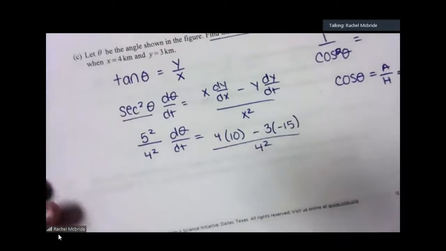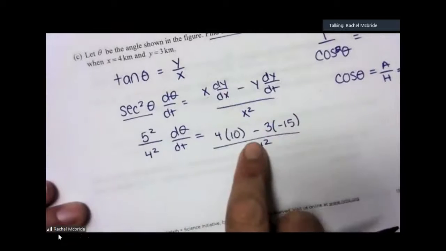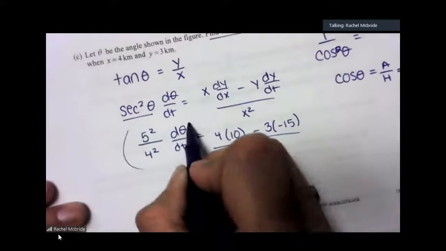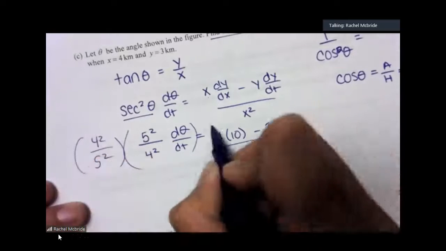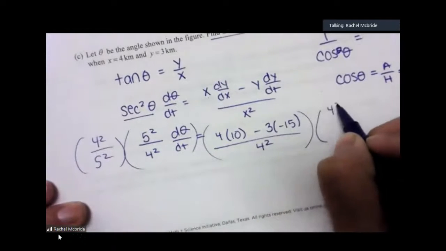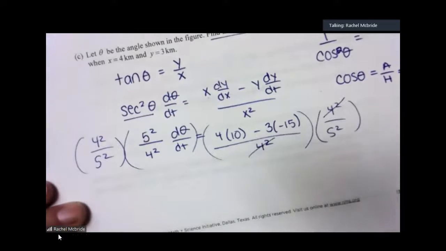The reason I'm not actually multiplying or distributing anything is because I'm going to multiply by the reciprocal of this stuff over here. And what happens is my 4 squareds are going to cancel.